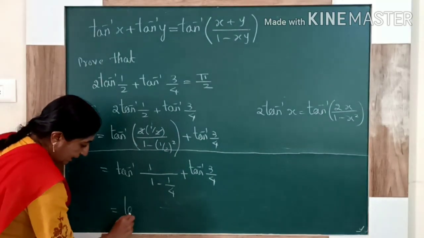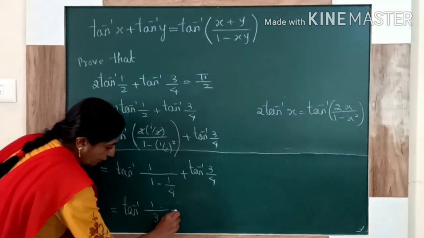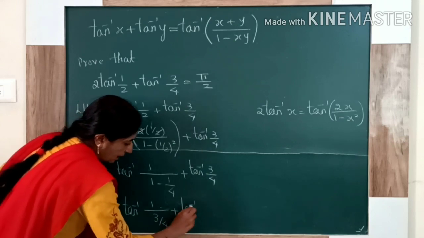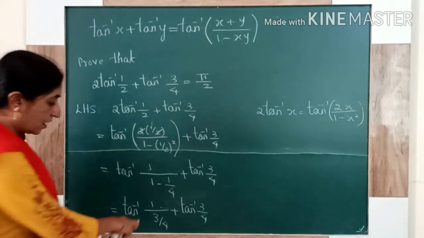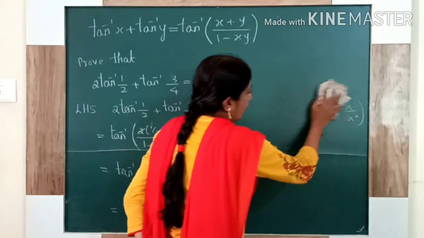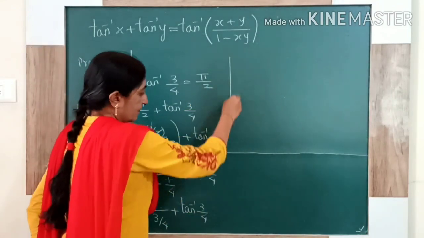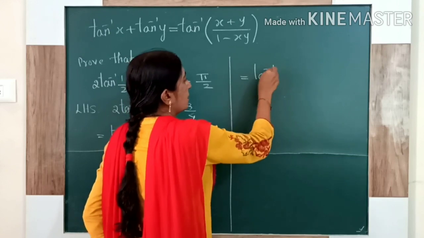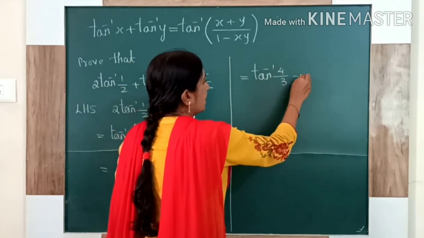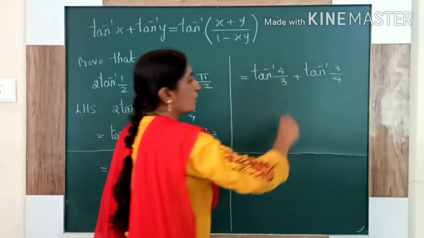Take the LCM and write it in the simplest form: tan inverse 1 upon 3 by 4 plus tan inverse 3 by 4. So 1 upon 3 by 4 is written as tan inverse 4 by 3 plus tan inverse 3 by 4.